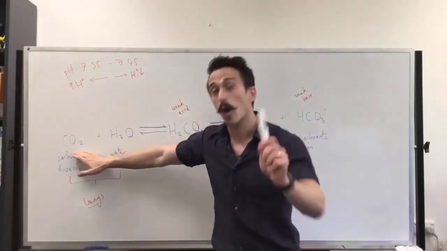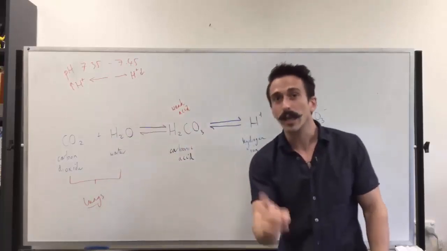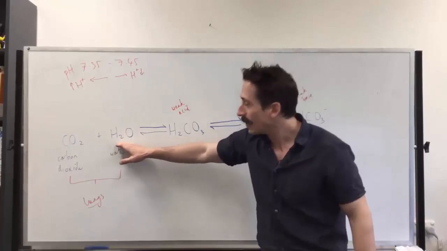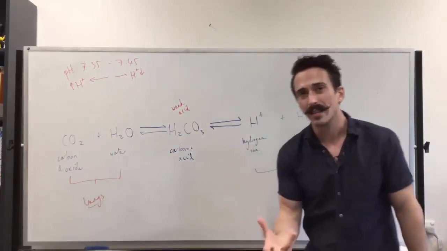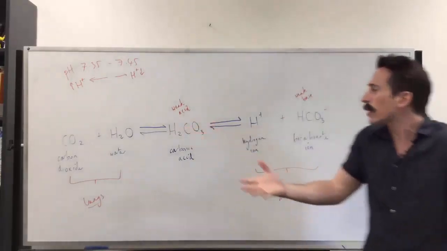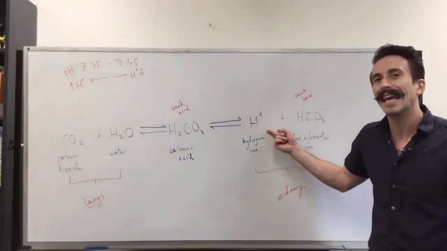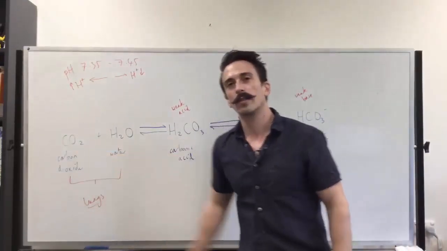So when carbon dioxide hops in our bloodstream, most of our bloodstream's water. Inevitably, all our carbon dioxide is going to be binding to that water and it will be producing carbonic acid. But because carbonic acid is a weak acid, it splits itself apart and produces hydrogen ions, which means one way we can increase the concentration of hydrogen ions in our body is through the accumulation of CO2.